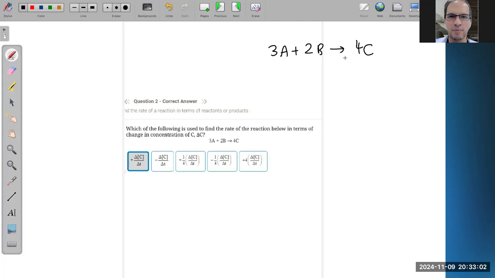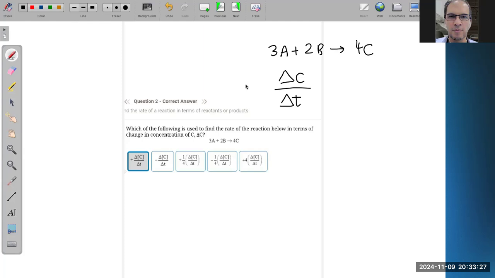Has anyone had a chance to ask the teacher why the answer to this question always shows like that? Yassine? Anybody ask it? Why are they insisting that the rate of reaction in terms of C is not like what we know?